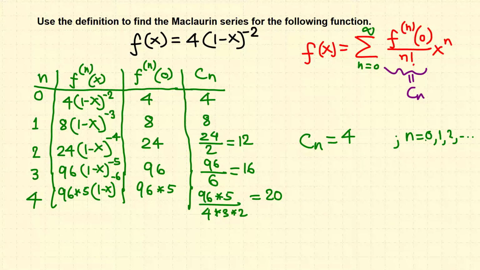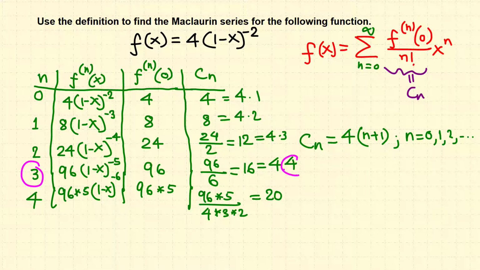So when we take 0, we have to get 4. So we can think 4 times 1, 4 times 2, 4 times 3. So 0 means 4 times 1, 1 means 2. So 4 times (n plus 1). Let's check. This is 4 times 4. Our n is 3.